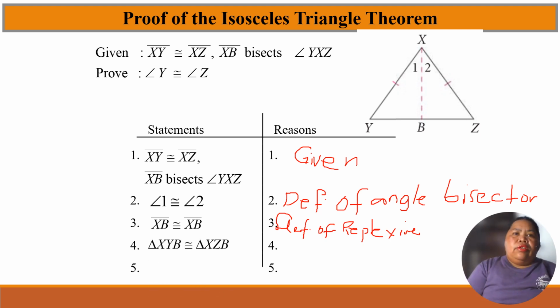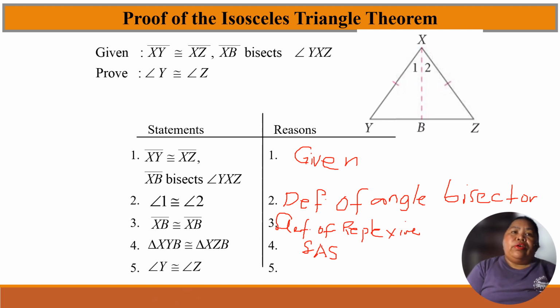Then we have triangle XYB is congruent to triangle XZB. That is through side-angle-side, SAS.